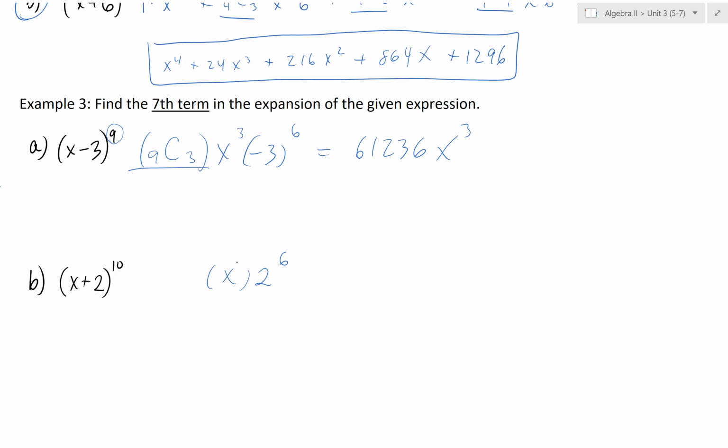So we have x to the 4th power, and then in front of that, what should we put there? 10 choose 4. 10 choose 4, good. And then what's our final answer, Timothy? 13,440 x to the 4th. Does everyone agree?